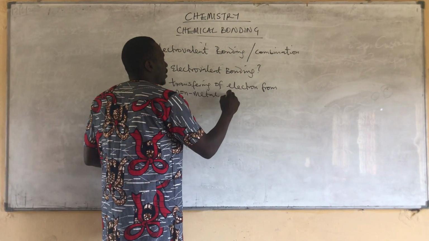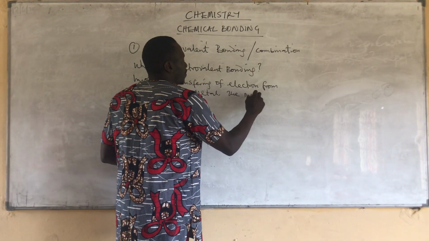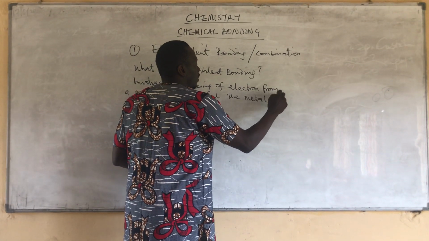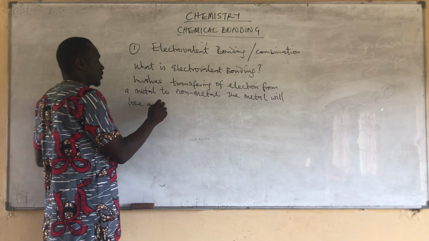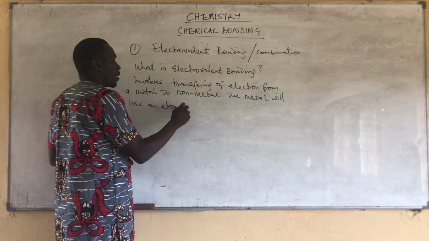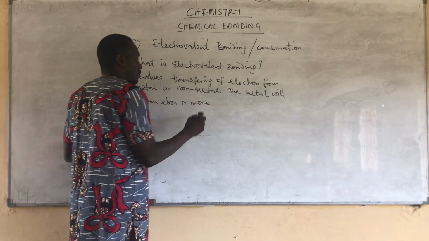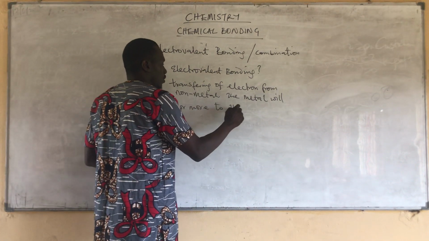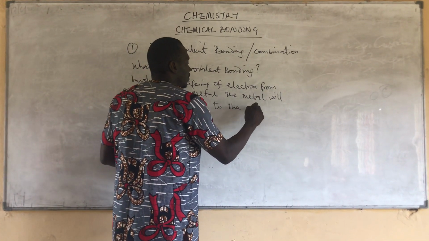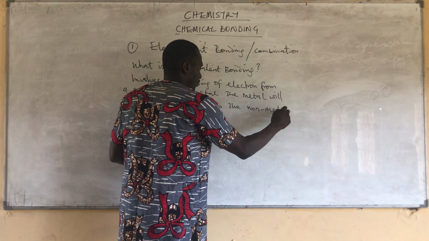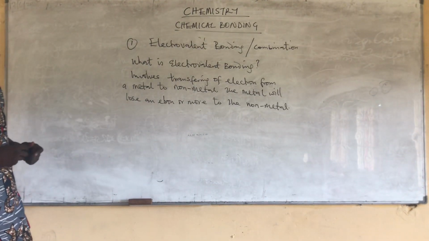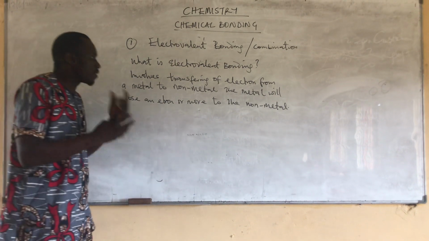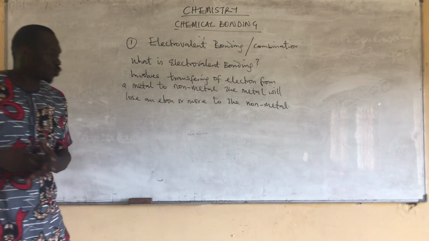So the metal will lose an electron or more to the non-metal. So electrovalent bonding involves the transferring of electrons from a metal to a non-metal.